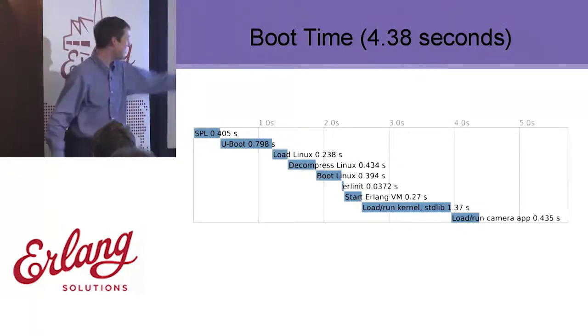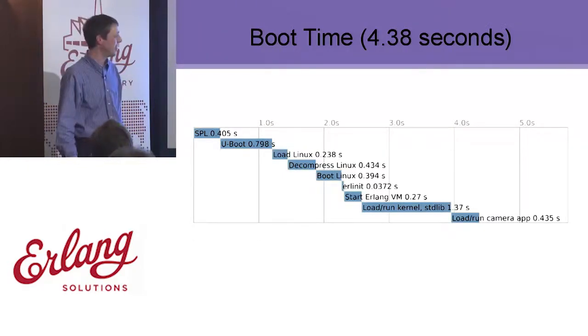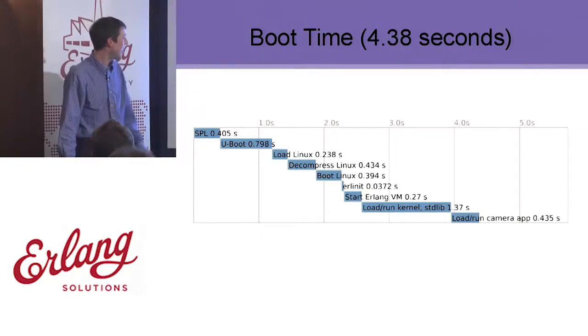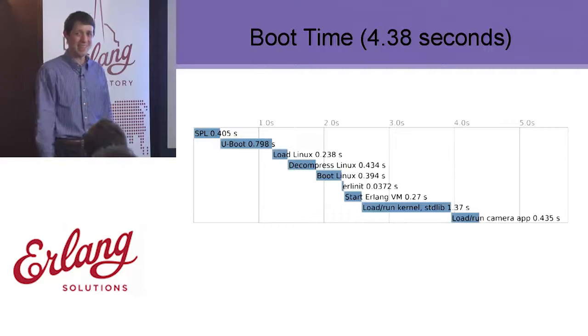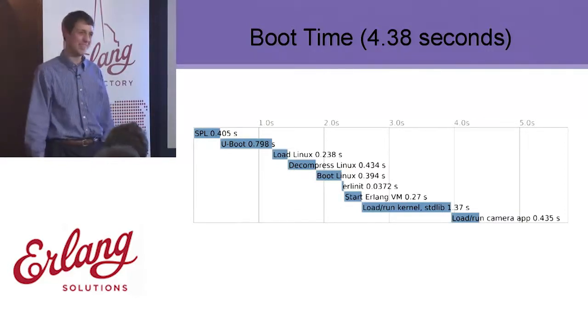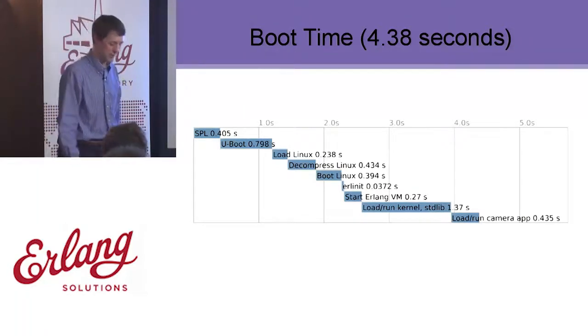And then the last part is, what's the remainder? The remainder is obviously my fault with how I wrote my Erlang code. But I think the summary from this is that this is not that long. We could improve this, but it's probably not worth trying too hard unless you have an application that really needs to boot quick.